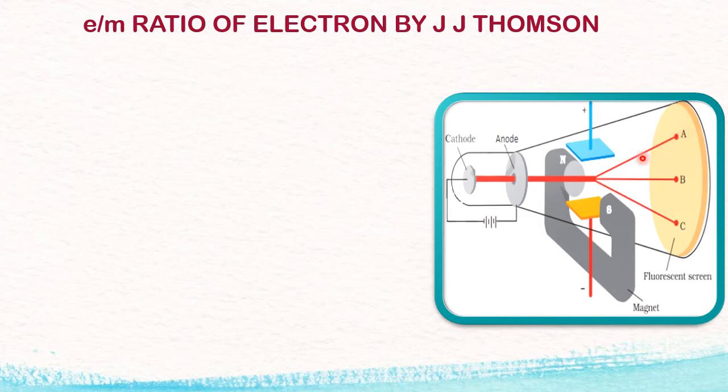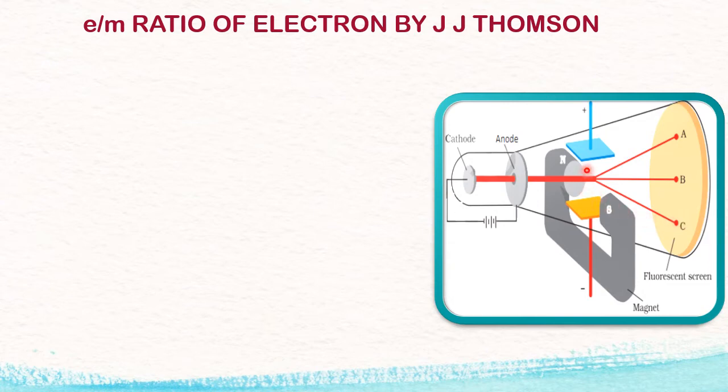Now he removed the electric field. He applied the magnetic field by bringing a strong electromagnet, and he noticed that cathode rays are deflected even by the magnetic field, and he saw the deflection this side. So the spot was seen at point C. Now both fields are there here.